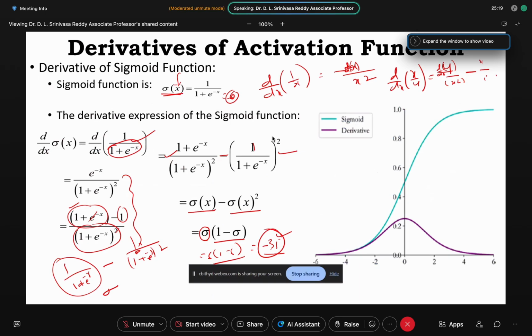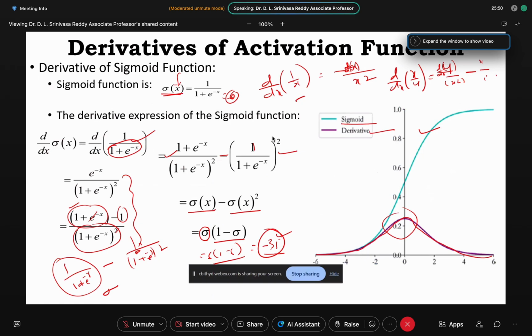But when you use this sigmoid function, this derivative gives you this shape. This is the original function, as you can see, a sigmoid function, and its derivative gives you a bell-shaped curve. That means the input range is between minus 6 and 6, and its maximum range is between 0 and 1, but it always takes around 0.2.